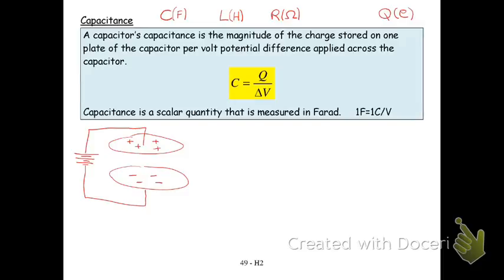We don't particularly need to store charge. We can use a battery, and a battery does more than store charge. It separates charge electrochemically and gives me all the positives I could want at one terminal, all the negatives I could want at another terminal.